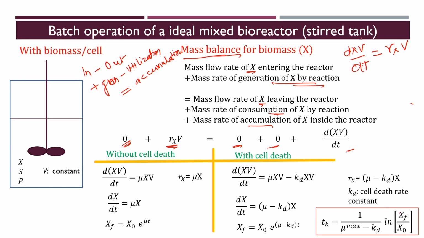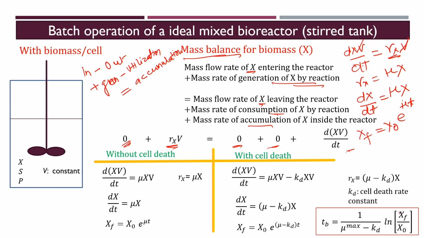As we are using constant volume, V can also be cancelled out. And for Rx, for the time being, let us consider Rx as mu x. So, this becomes dx upon dt equals mu x, and if you integrate, we will get xf as x naught e to the power mu into t.